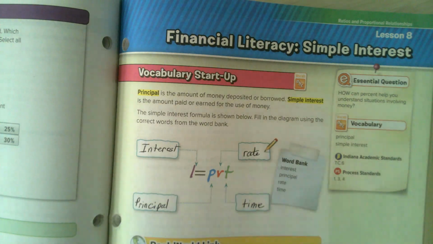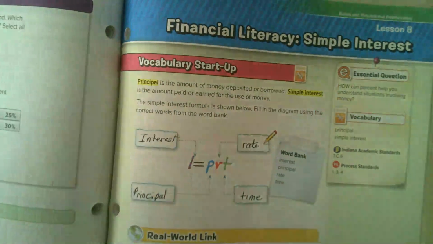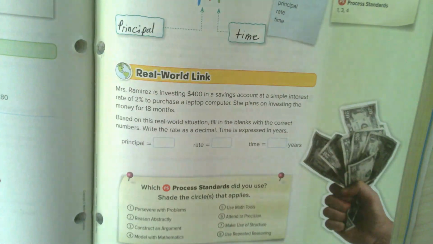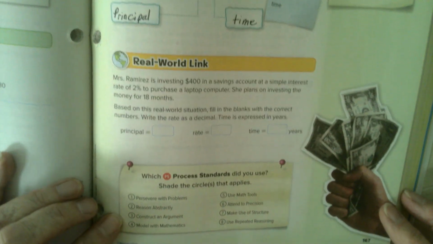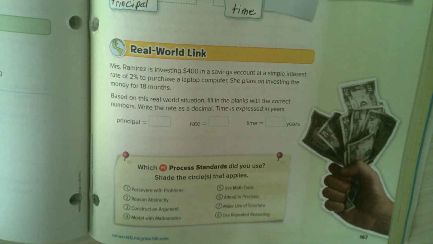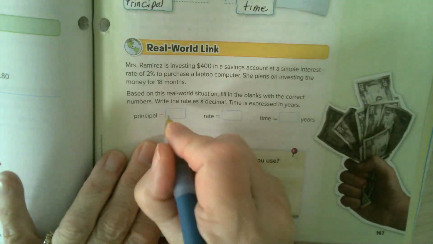Okay, let's look at our real world link. Now it says Mrs. Ramirez is investing $400 in a savings account at a simple interest rate of 2% to purchase a laptop computer. She plans on investing the money for 18 months. Based on the real-world situation, fill in the blanks with the correct numbers. Write the rate as a decimal. Okay, the principal is $400.